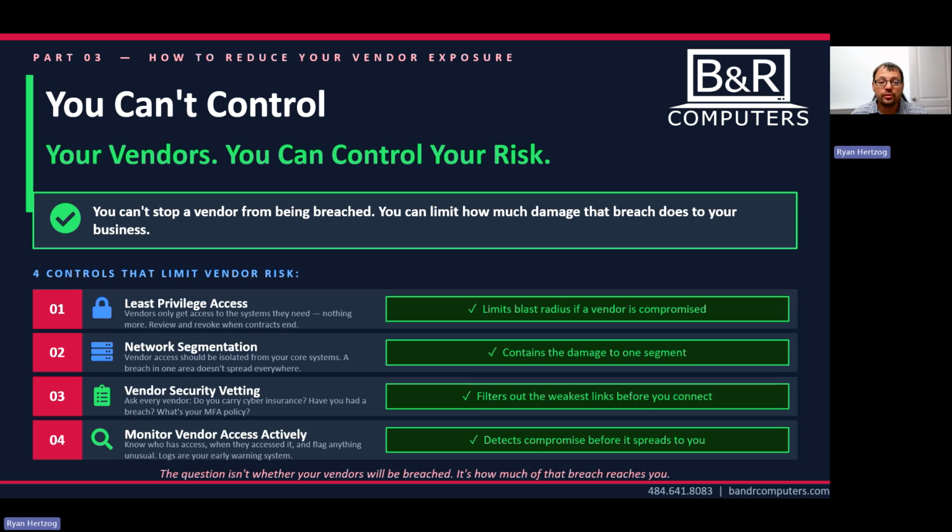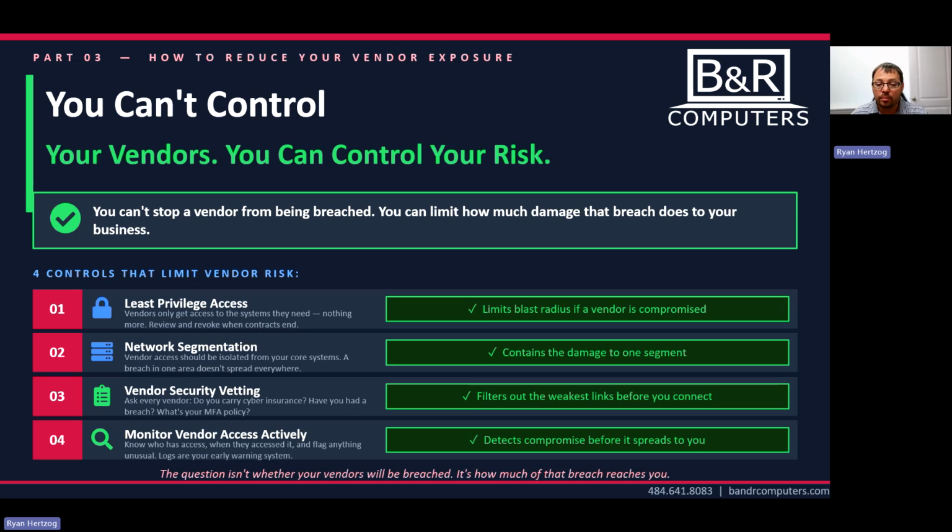So how can you reduce your risk? You can't control your vendors, but you can control your risk. You can't stop a vendor from being breached, but you can limit how much damage that breach does to your business. There are four controls. First, least privilege access: vendors only get access to the systems that they need, nothing more, and you review and revoke when contracts end.